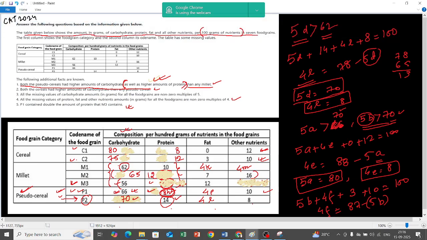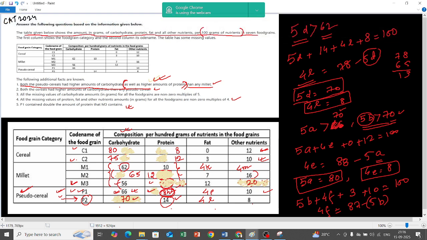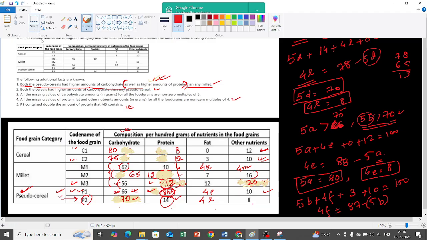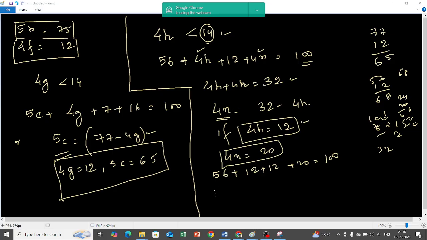This one becomes 20, and then this one becomes 12. Then what is 8h? Because this was 4h and this was 8h, so 8h will be 24, right? 8h should be 24, double of this 12.